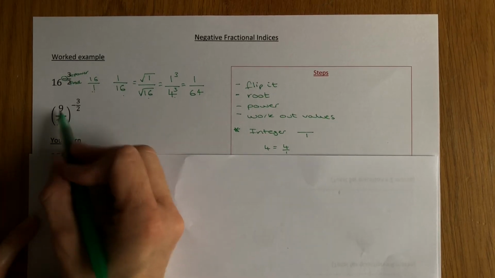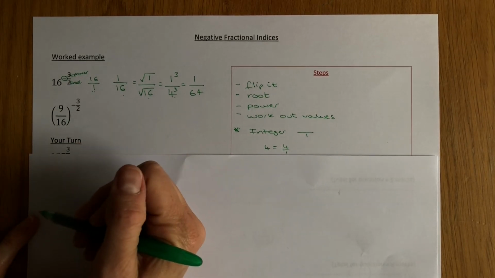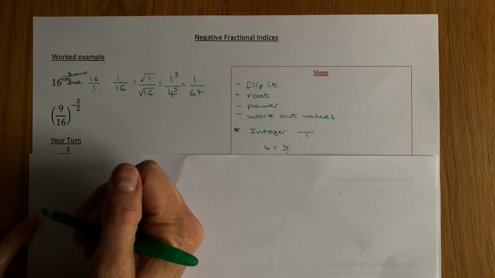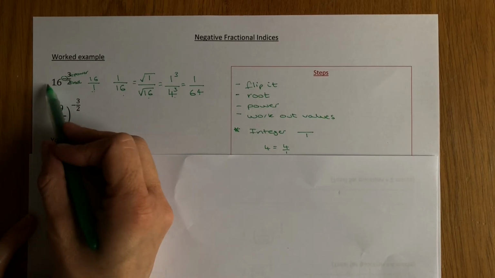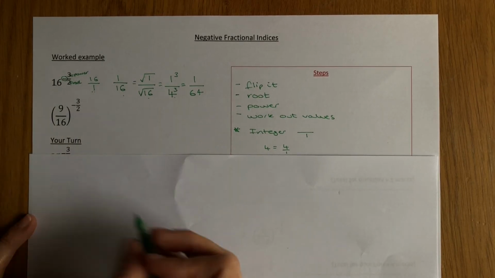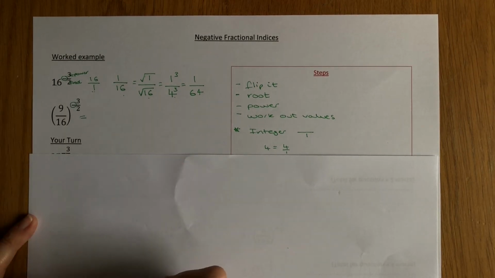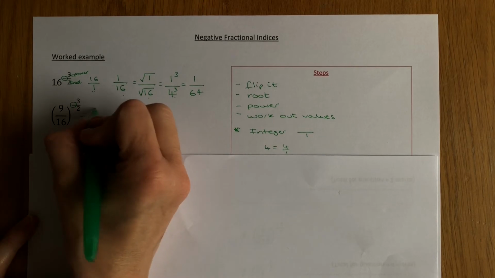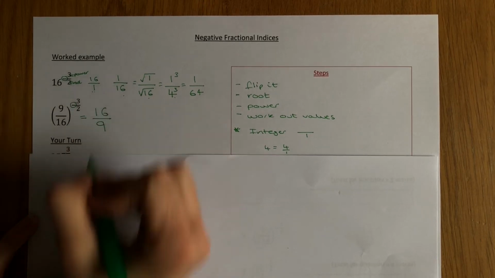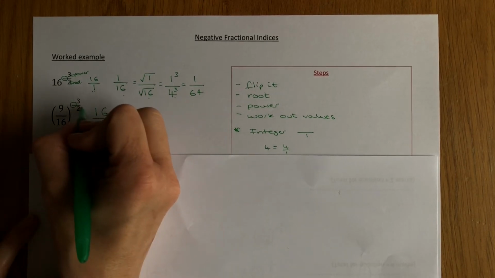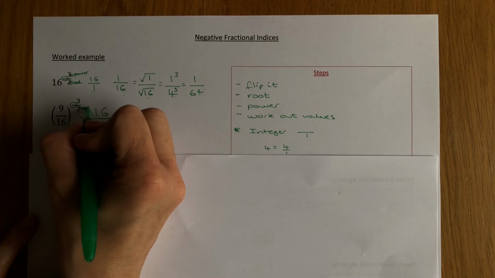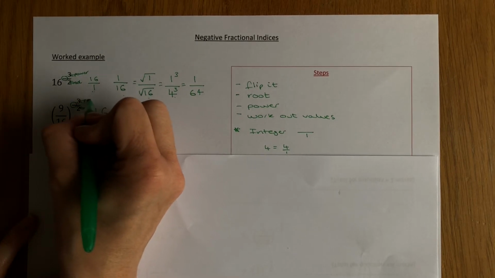Okay, now my next example is a fraction. Now, these might look harder, but they're actually easier because you haven't got to think about what you've got to do with integers. So let's have a look. The negative means find the reciprocal. So we flip it. The fraction means square root, power of 3.